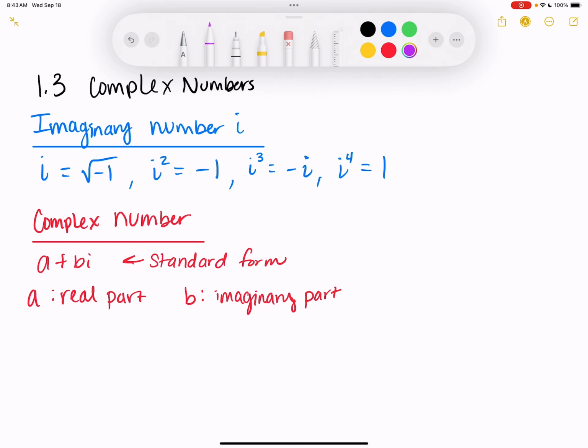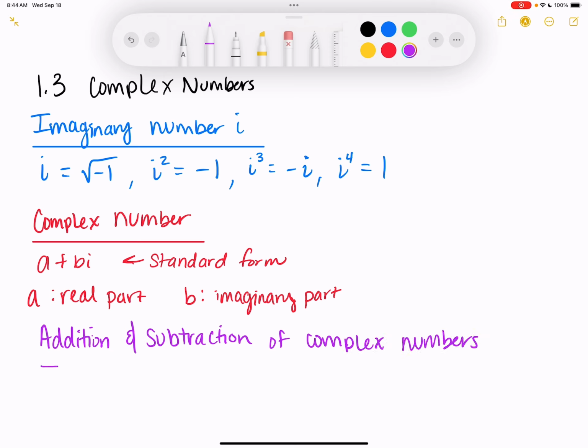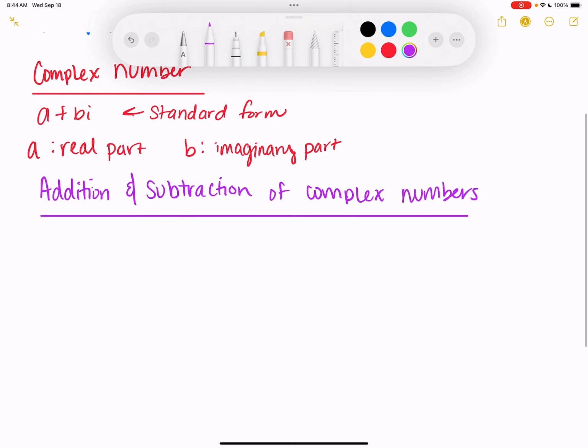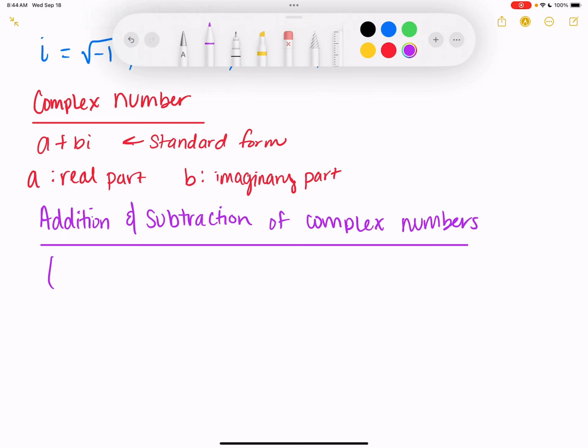If we have addition and subtraction of complex numbers, then I would have something like A plus BI plus C plus DI. So two things in standard form being added together.